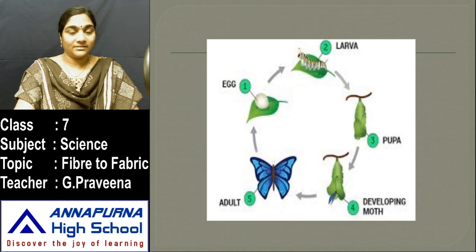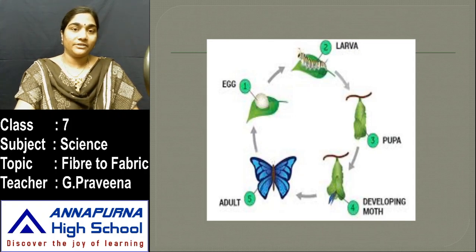The pupa develops inside the cocoon, and it is from the cocoon that we get the fiber. The next stage is the moth, which develops inside the pupa. Once the formation of the cocoon is completed, the moth breaks the cocoon and comes out. The final stage is the adult silk moth.